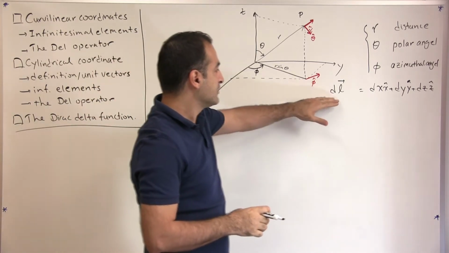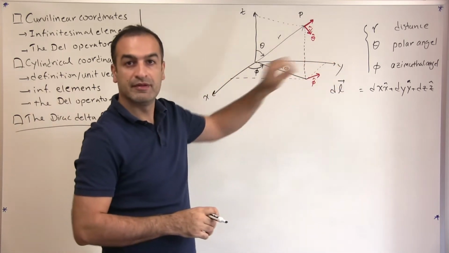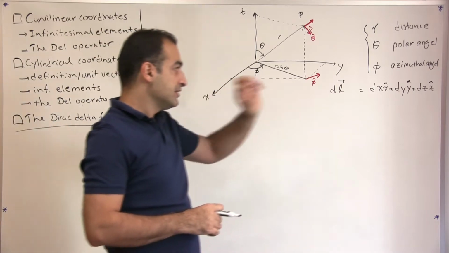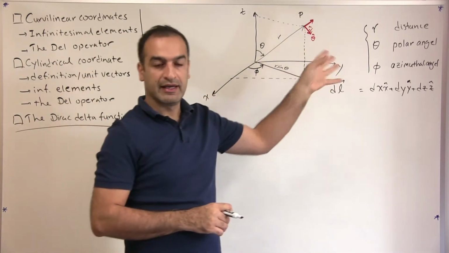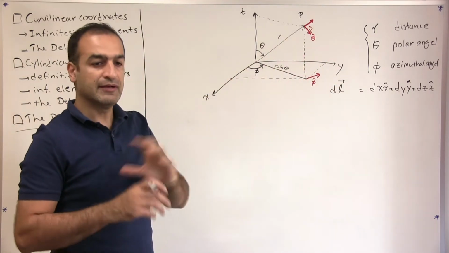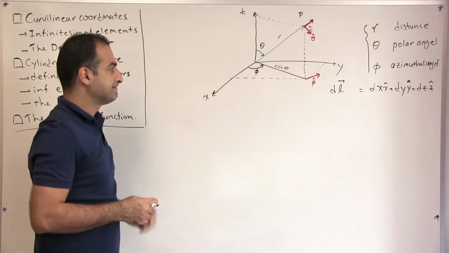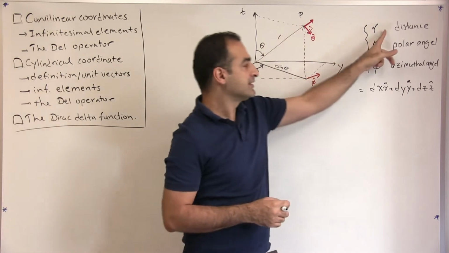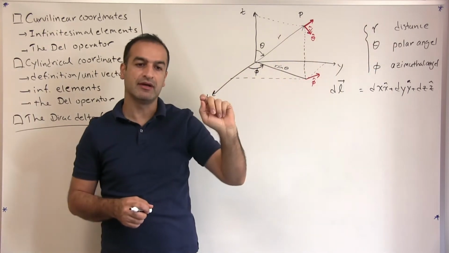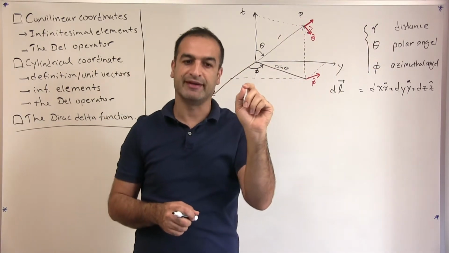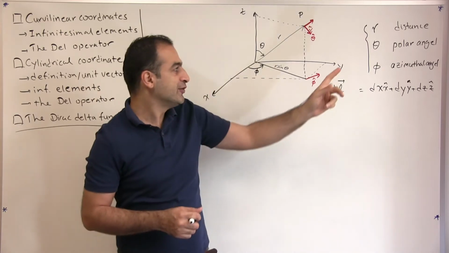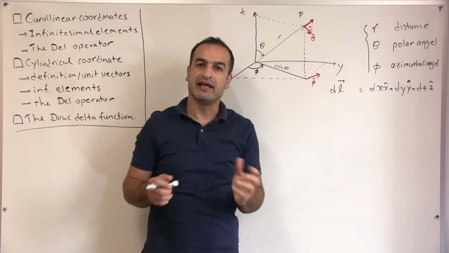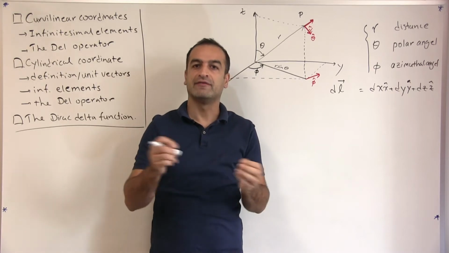So now we want to write dl in terms of the polar coordinates r, theta, phi, the unit vectors of r, theta, phi, and all other variables. Now one difficulty is this. If you look at the spherical coordinate, the r distance has unit of length. That makes sense. If you look at theta and phi, they don't have any unit. They are angles and they don't have unit of length.